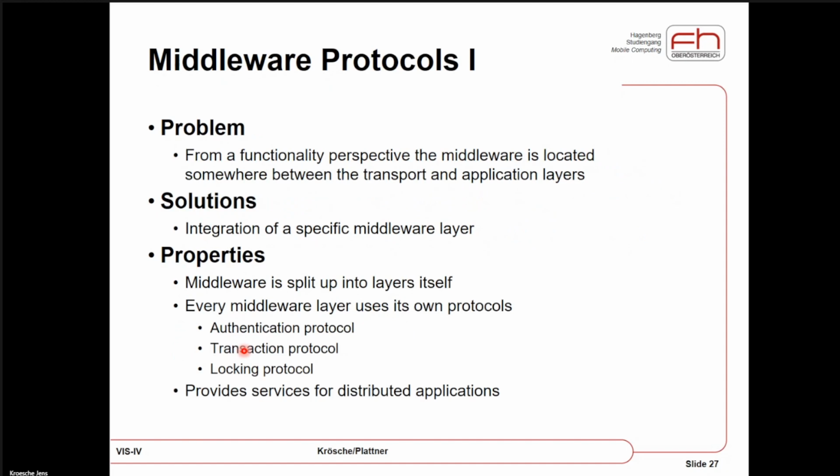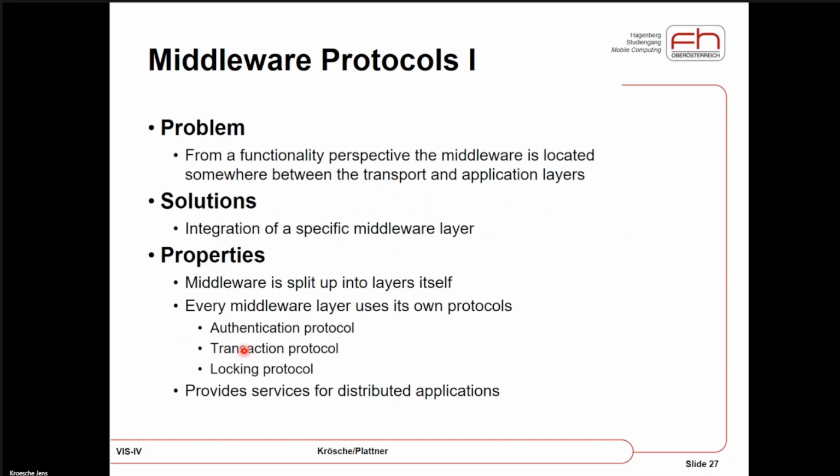Right. So, of course, if we use some kind of middleware, as I said, it looks as if we are calling methods and telling the system to do something locally. But of course, this doing it locally is just our imagination.